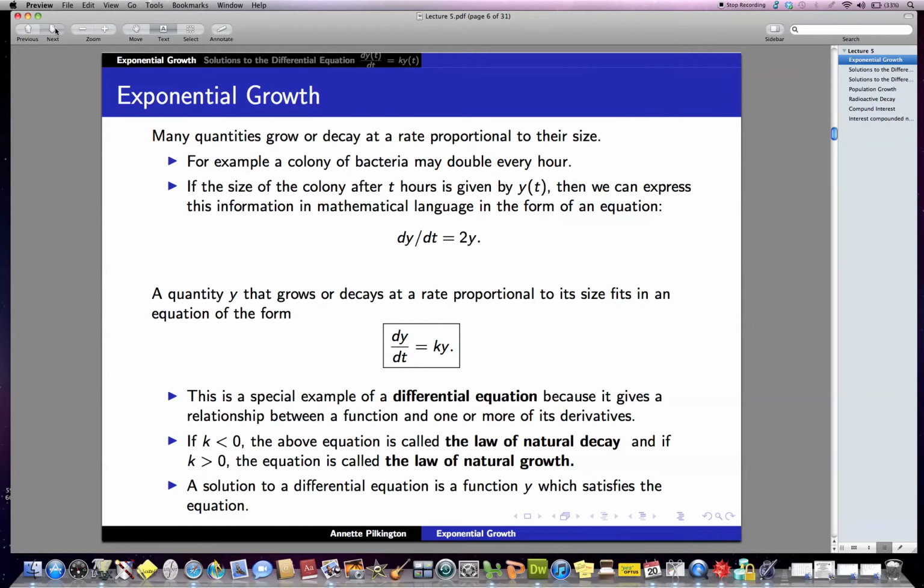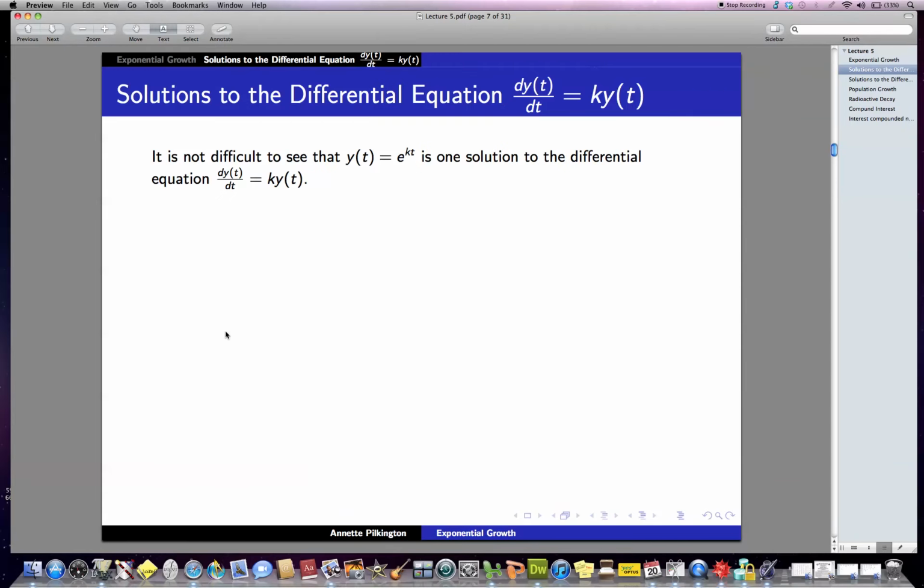The solution to the differential equation is any function y which satisfies the equation. So here, a solution is any function y whose derivative is k times the value of the function itself for any given value of t. It's not very difficult to see that y equals e to the kt is a solution.